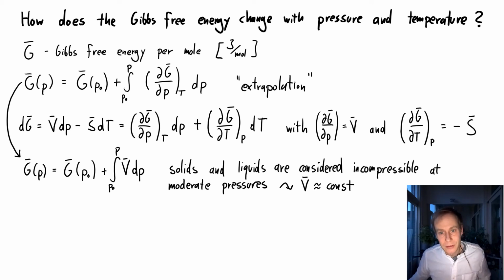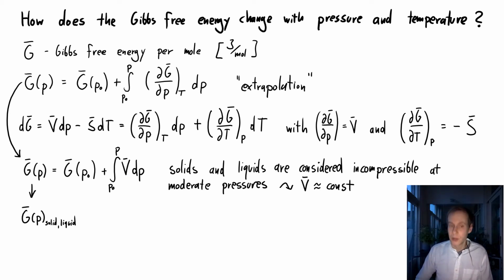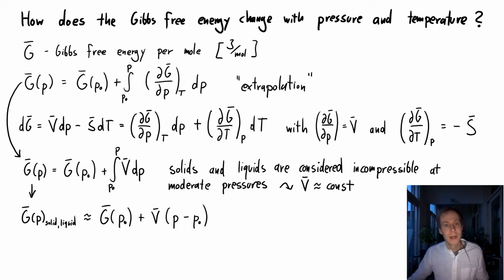That means that the molar volume is simply a constant. And with a constant in the integral here, we can evaluate the integral even more simply. So now we can simply write for solids and liquids the pressure dependence of the Gibbs free energy. Again, it's the Gibbs free energy at the reference pressure. But now the constant molar volume can be taken out of the integral, and then we just integrate dP from P naught to P, and that's just P minus P naught.